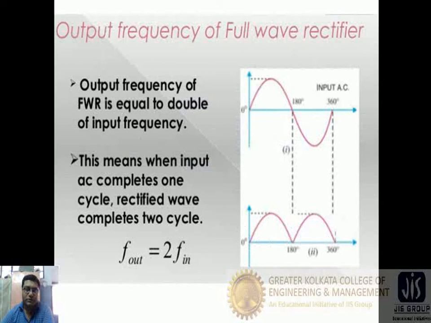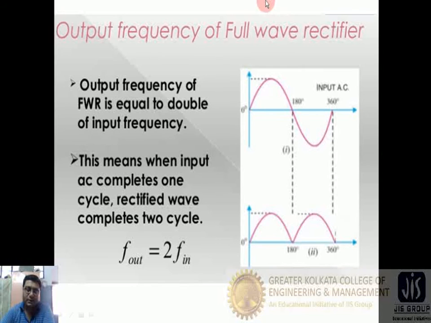The output frequency of a full wave rectifier is equal to double the input frequency. This means when the input AC completes one cycle, the rectified wave completes two cycles.